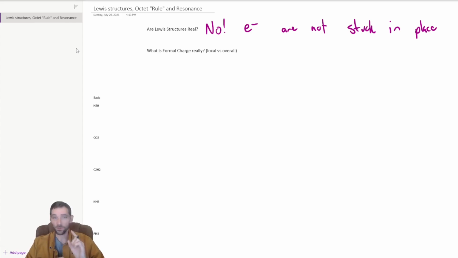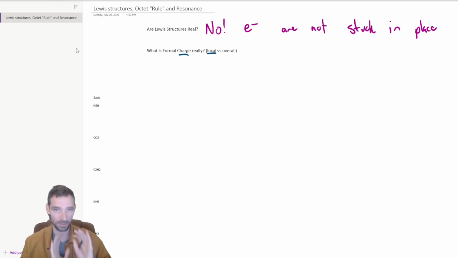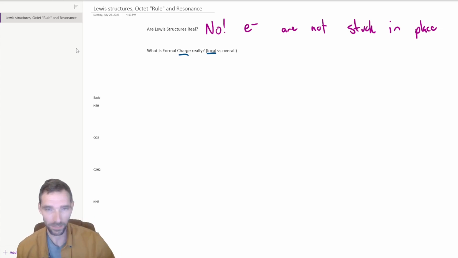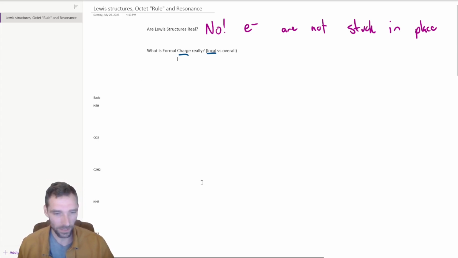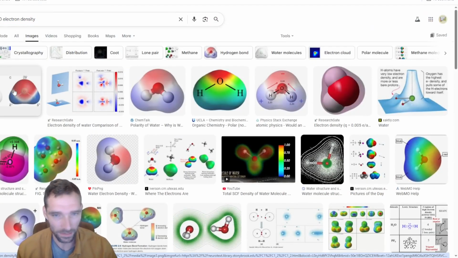If we're talking about formal charge, this is really just a local charge for a particular element in a molecule. If it's got a negative formal charge, that means there's quite a bit of electrons around that, usually. So we create a map of this using colors oftentimes to show things like water.